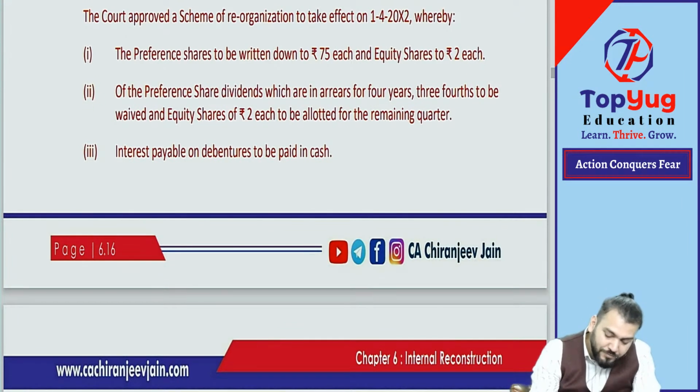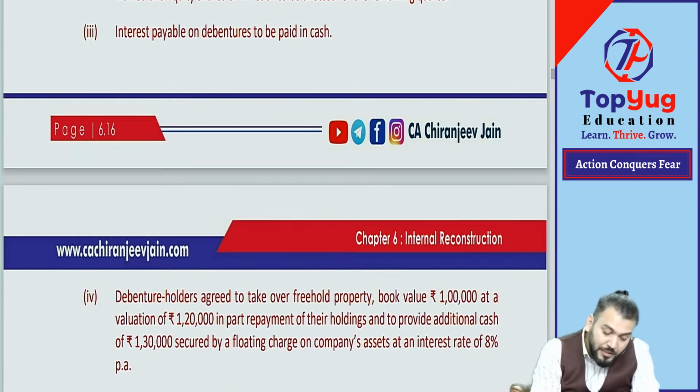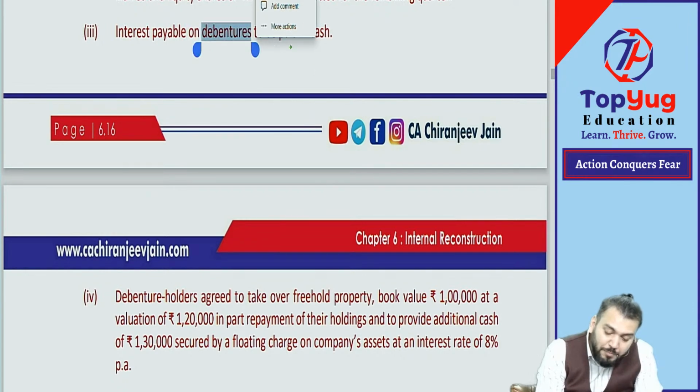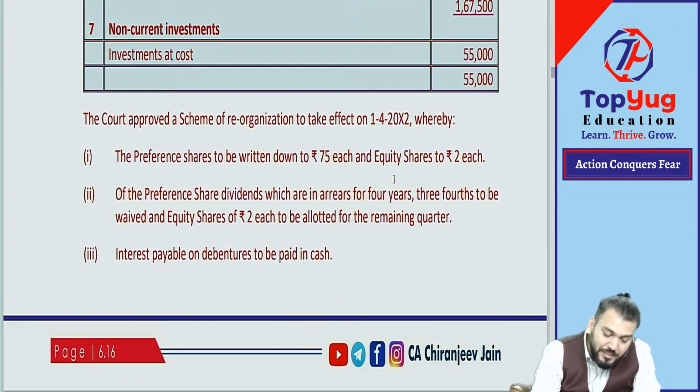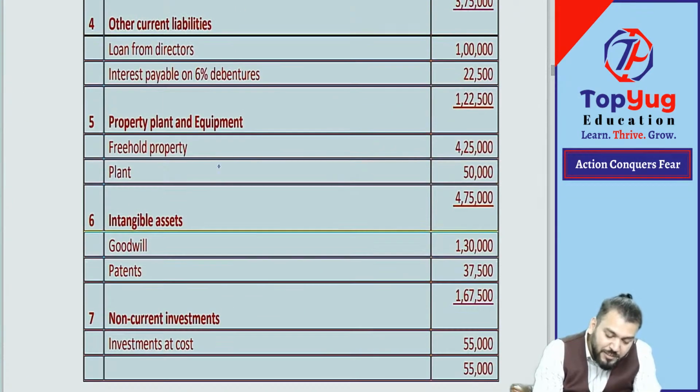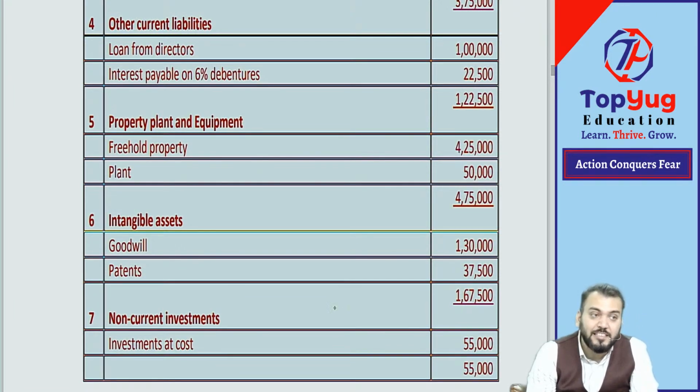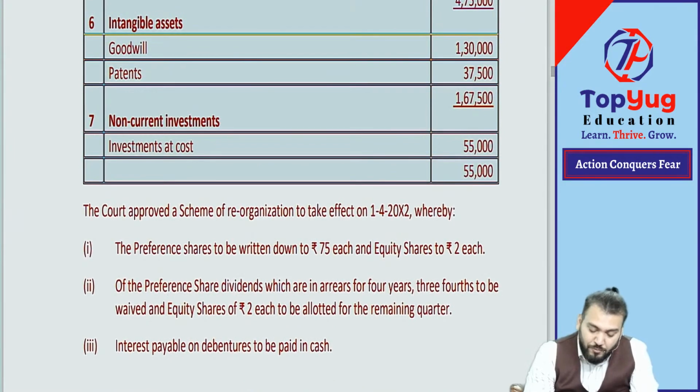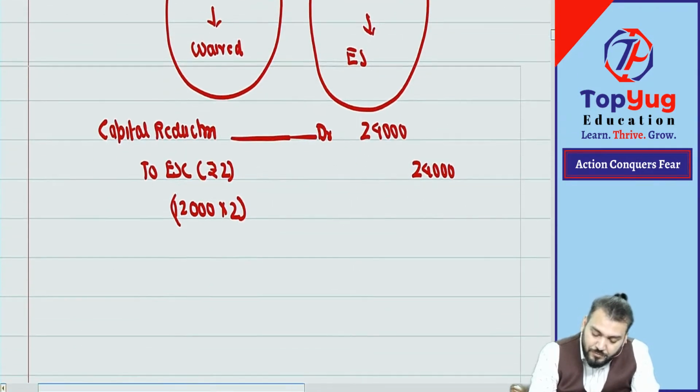Point number 2 done. Let us come to point number 3. Interest payable on debenture to be paid in cash. So there will be some interest payable. Let's see whether interest payable is here. Yes, interest payable on 6% debenture is 22,500 and is paid in cash. What is the journal entry for payment?